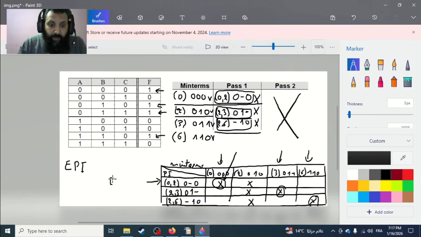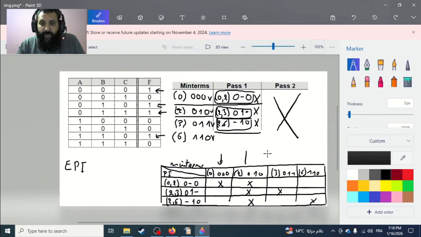Essential means it's not possible to delete it. It's not possible to delete this one because it's the only one that covers this min term.